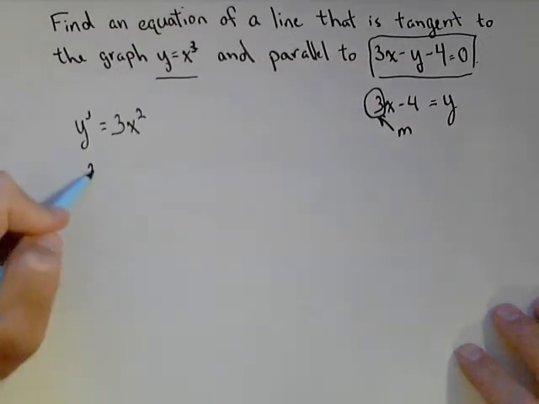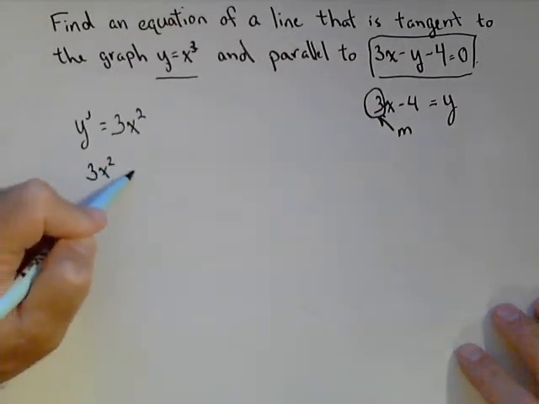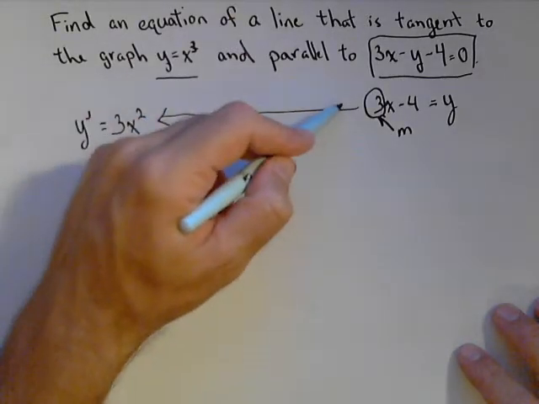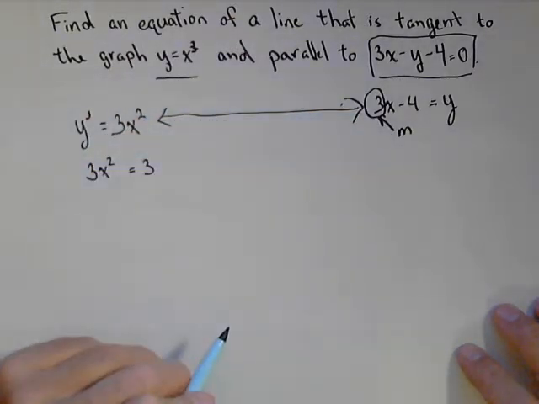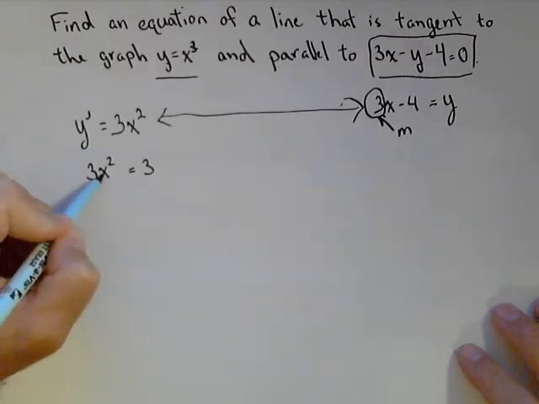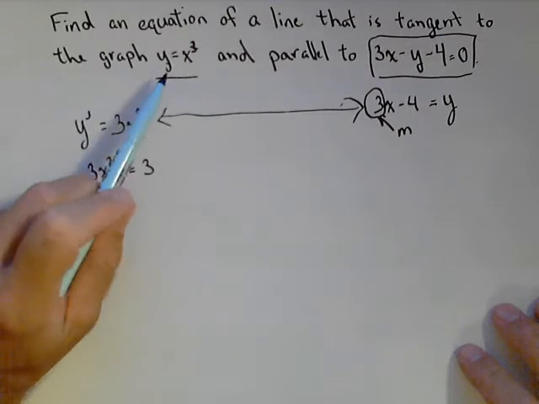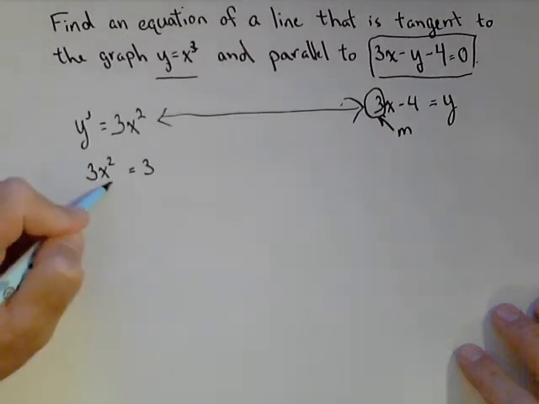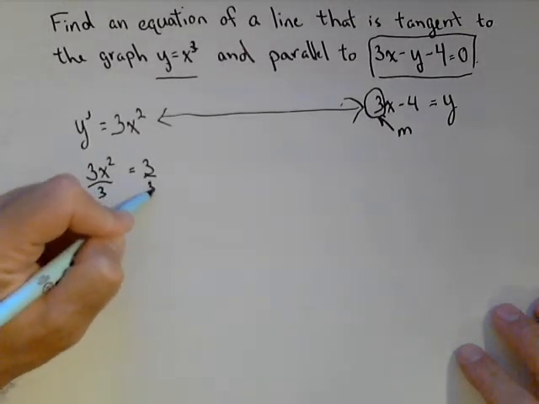Now we know that we want 3x squared to be equal to 3. We're basically getting our two slopes equal to each other. Now the reason I'm doing this is we have to find out the points on y equals x cubed where the slope is going to be 3. Now if I solve this, I divide both sides by 3.